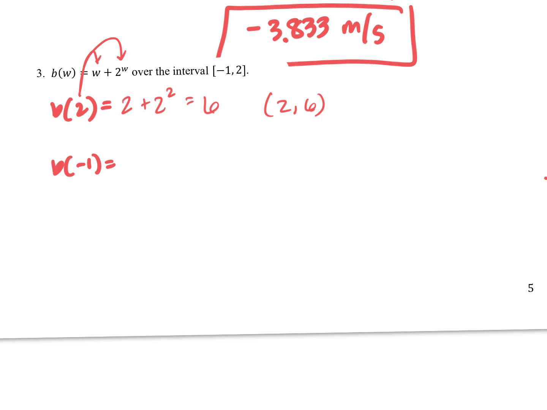Negative 1's a little angrier. If I plug in negative 1, wouldn't we have negative 1 plus 2 to the negative first? And without a calculator, does anyone remember what this little negative exponent does? Yes, it makes it a fraction. We don't have to have this mastered, we'll work on this later as well, but I just wanted to remind you.